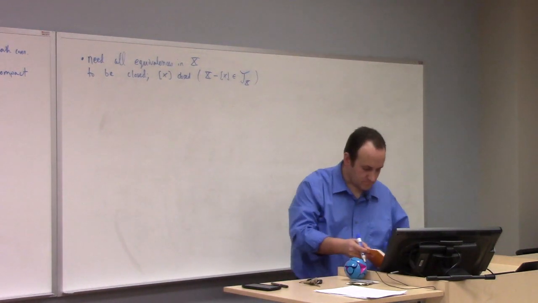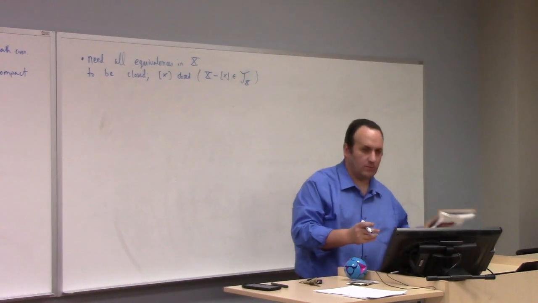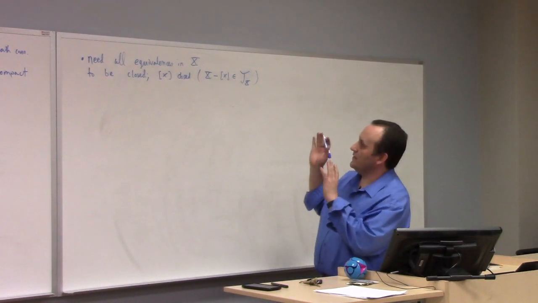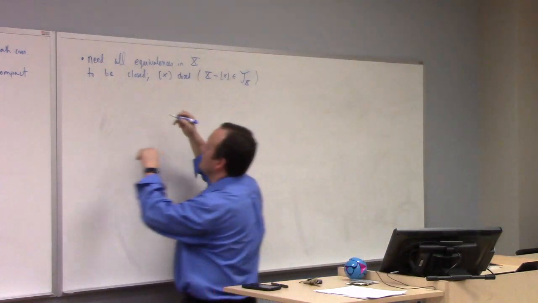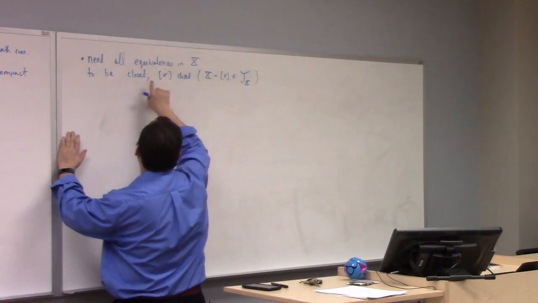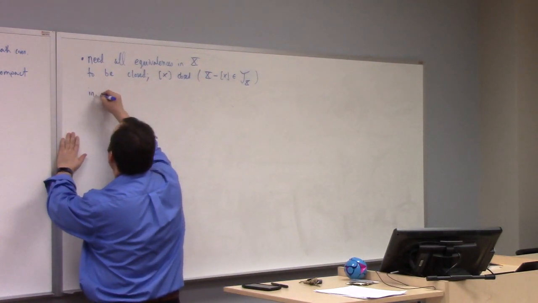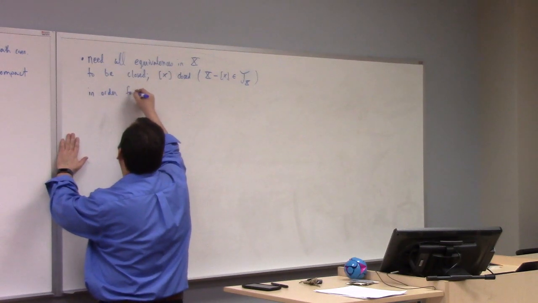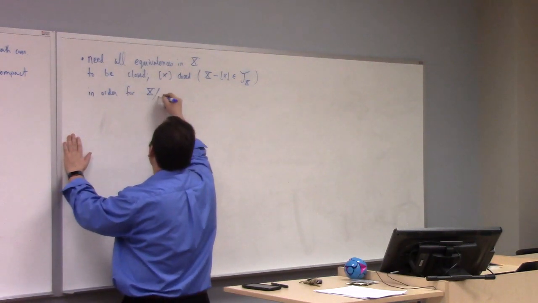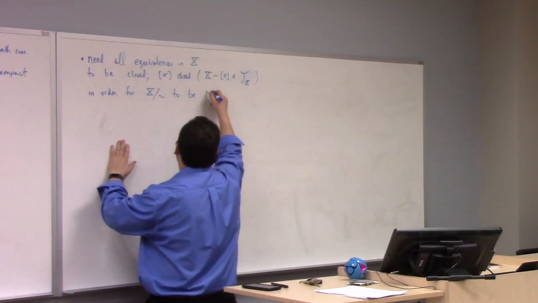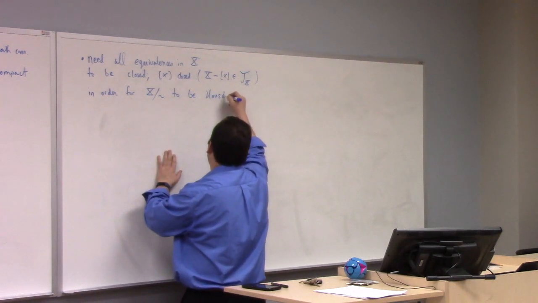So, why do we need equivalence classes in X to be closed in order for X mod tilde to be Hausdorff? Why is that?